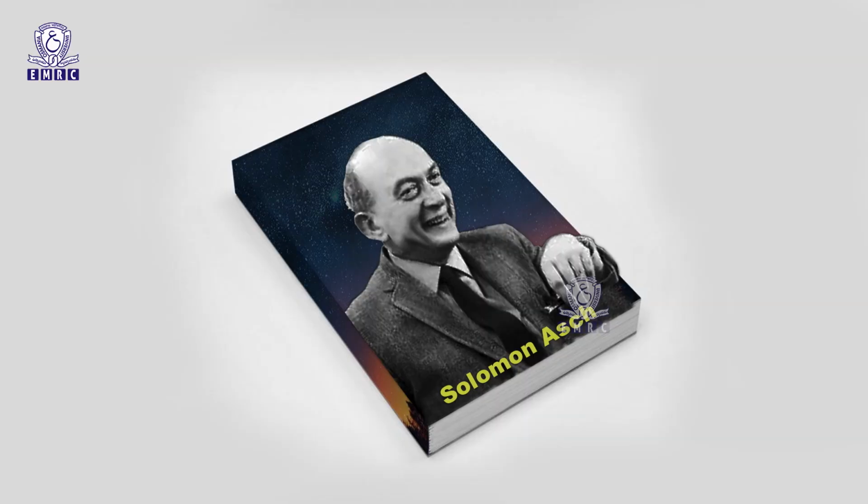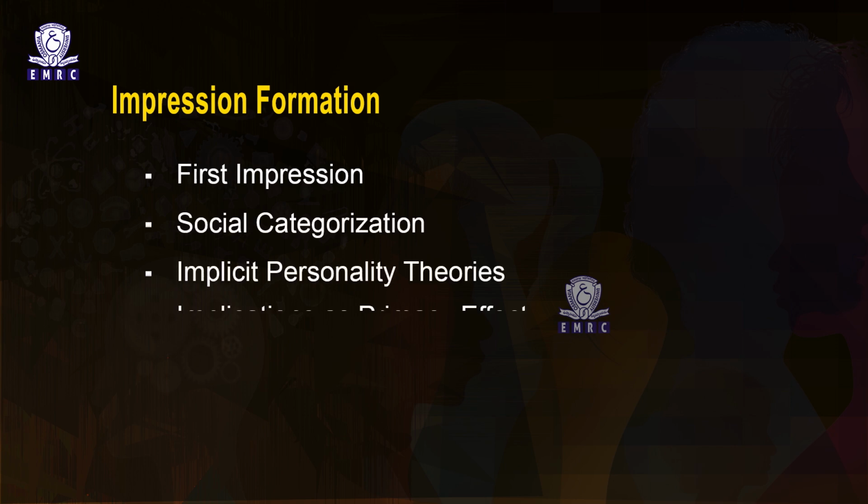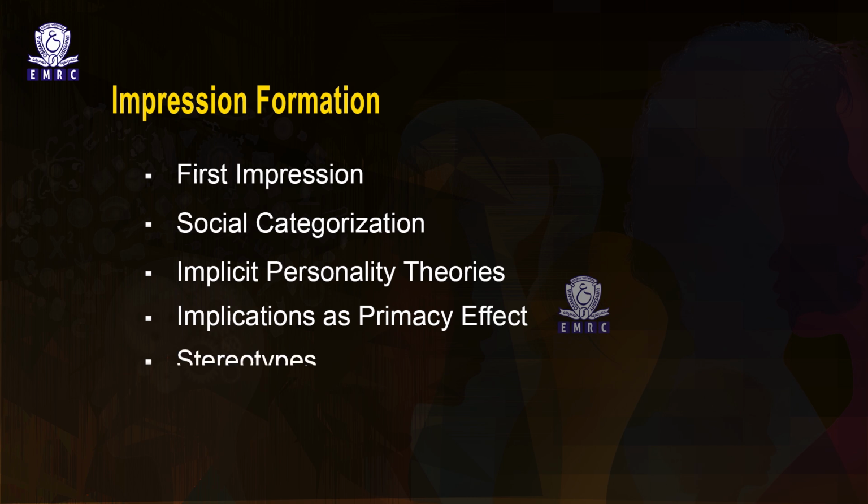In this module, following Asch's theory, the well-researched concepts explained in the coming sections are the factors that influence the process of impression formation. They are first impression, social categorization and implicit personality theories, followed by their implications as primacy effect, stereotypes and halo effect, which are discussed in detail.